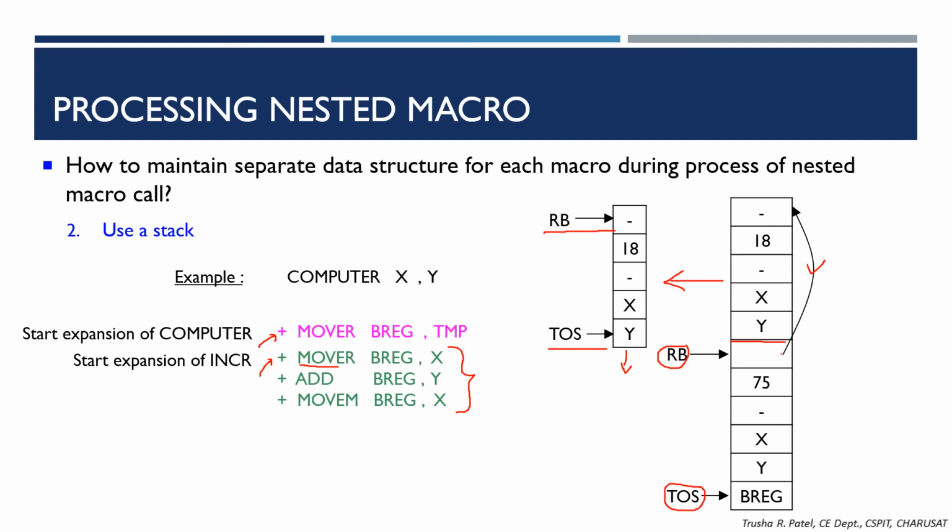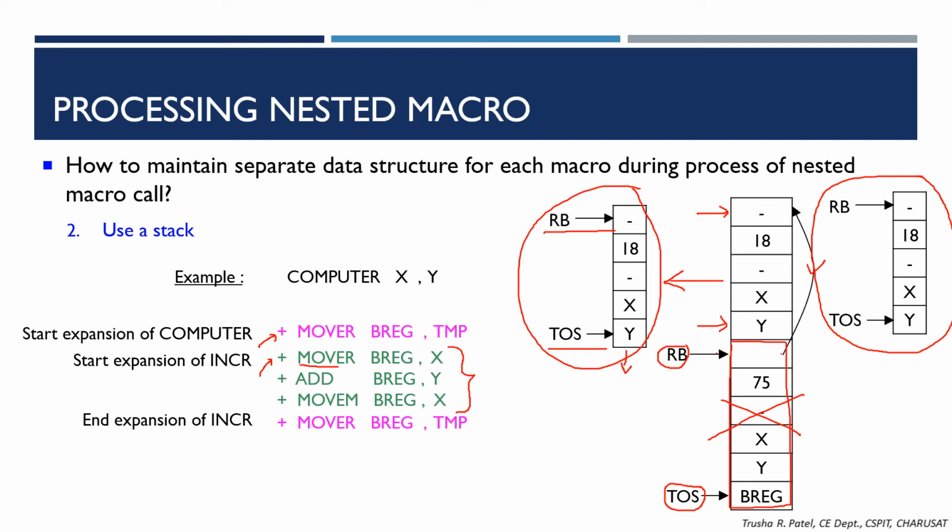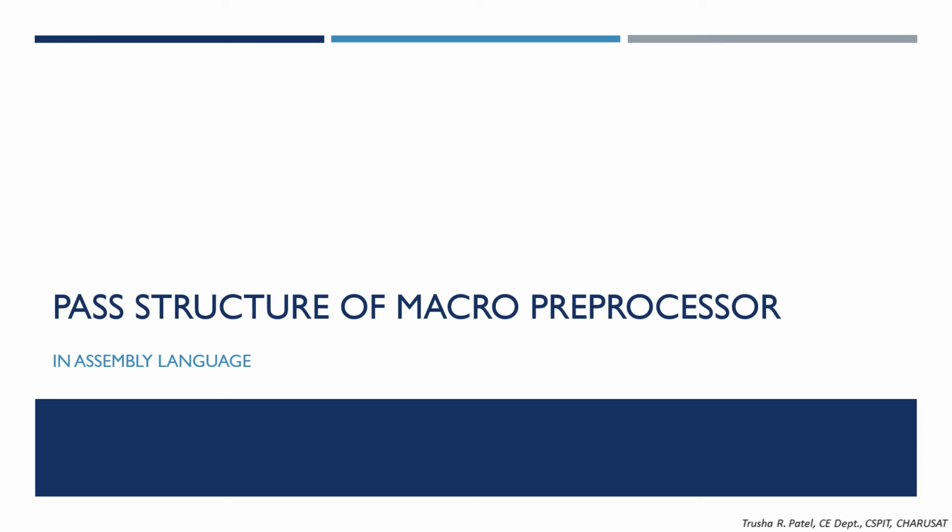So this particular expansion time record of INCR will be popped out, and RB is pointing over here, and TOS will be pointing over here. So you can see that we get the same layout like this, right? And then we'll continue the expansion of COMPUTE, and once we encounter the end of the expansion, all the data will be popped out from the stack.